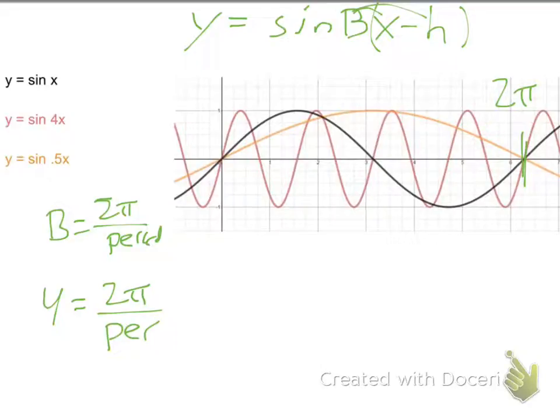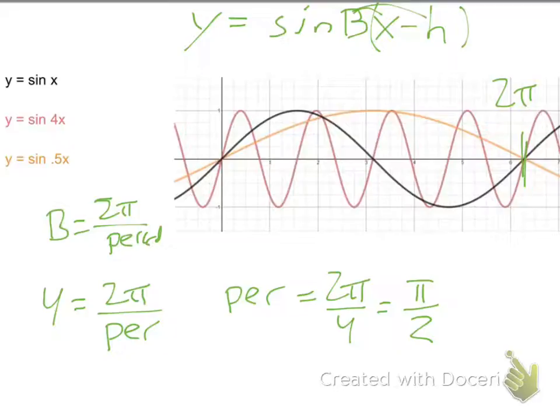We don't know the period. How can I find the period? Multiply by the period and divide by 4. So the period goes to the top, the 4 goes to the bottom. So we end up with the period equaling 2 pi over 4, which means what? Pi over 2. So every 90 degrees, you will have one full rotation. Wait a minute. What was pi over 2 in decimal form again?